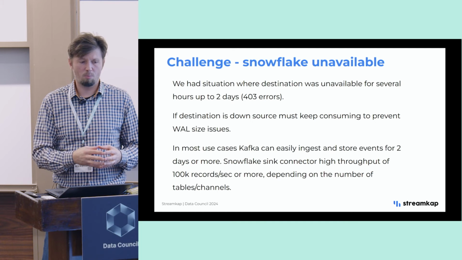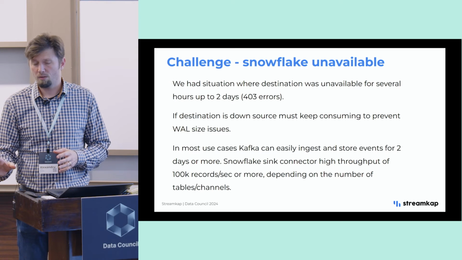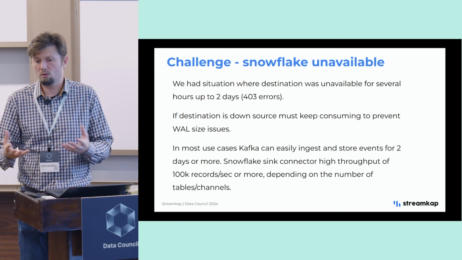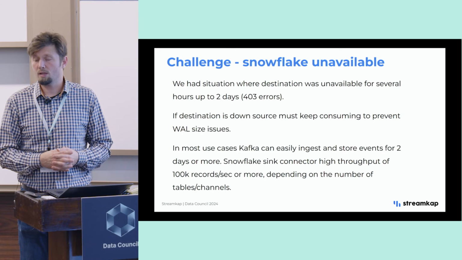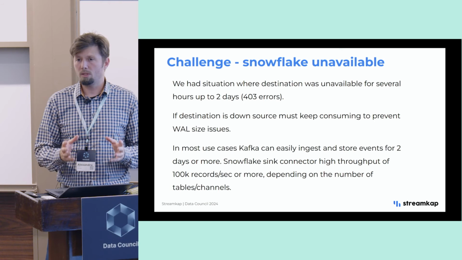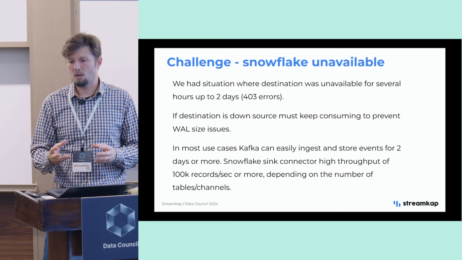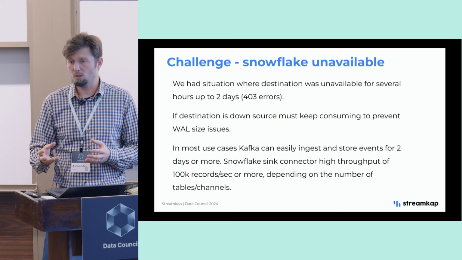This architecture that we present right here doesn't have this downside. So if the destination cannot, for some reason, process events, Kafka is well able to keep days and days of events persisted, and when the destination comes back online, it can start consuming those events.